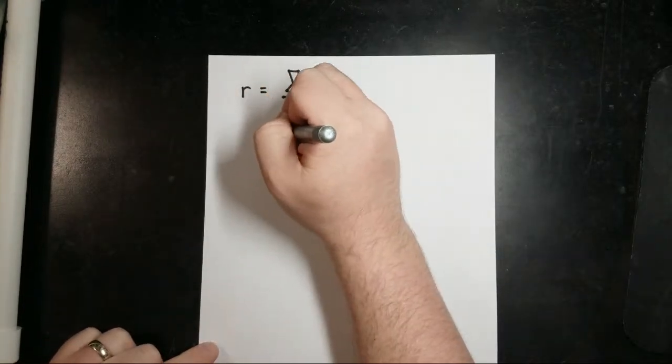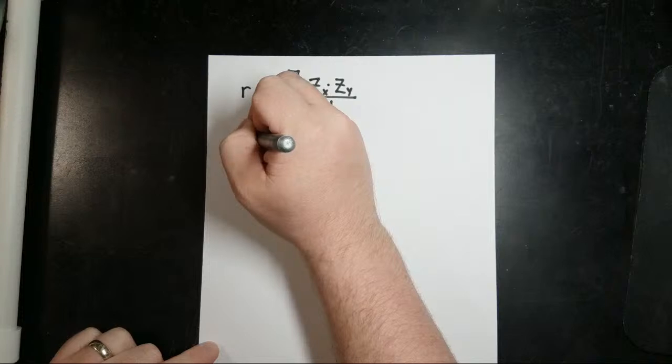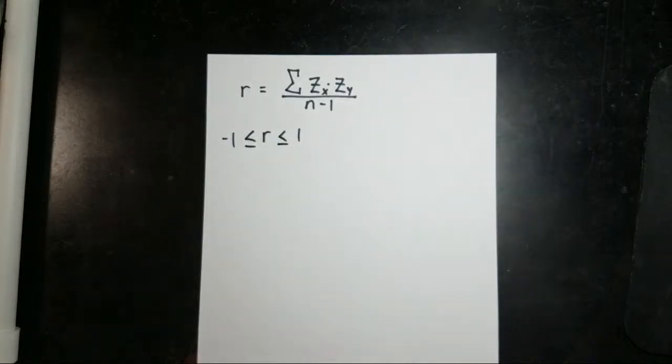R is typically measured between 1 and -1, with 1 and -1 being perfect correlations. The sign on R determines whether the slope of the line of best fit is positive or negative. Obviously, an R of 0 would be no correlation whatsoever.